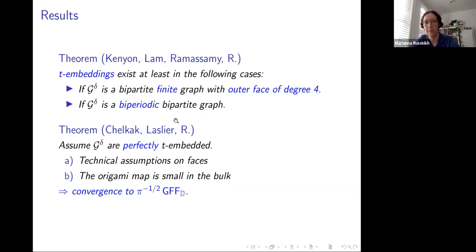And here is the second theorem. Under some technical assumptions, and under an assumption that some map which is related to the embedding, which I will describe later, is small in the limit, we can show the convergence of the fluctuations to the Gaussian free field. Now, the goal for the rest is to clarify this slide, to explain all definitions, and to discuss these two main results.